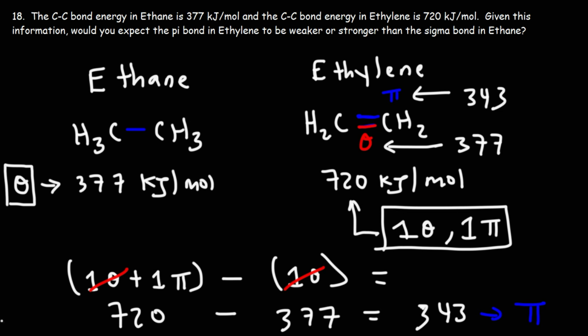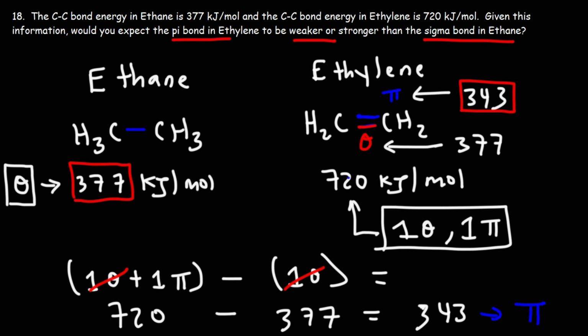But notice that the estimation for the bond energy of the pi bond is less than that of the sigma bond. And because of that, we would expect the pi bond in ethylene to be weaker than the sigma bond in ethane.